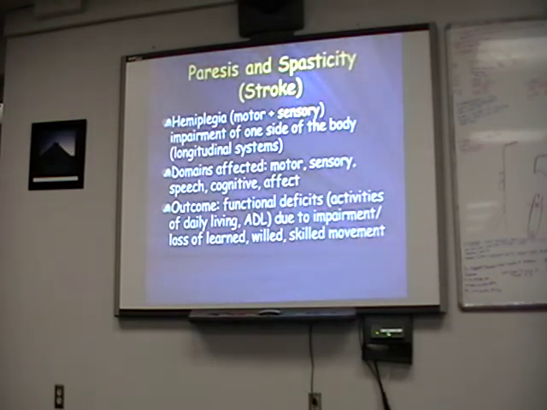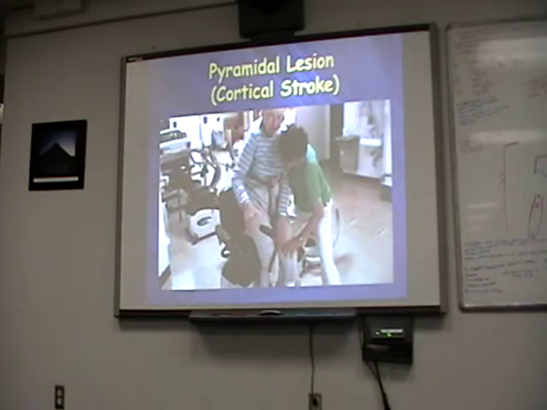Typically our patients who are hemiplegic have a pyramidal lesion. With this, we also are going to frequently, just because of blood supply, have sensory loss, visual loss, language loss, and then certainly functional deficits. So let's look at some videos of different lesions.